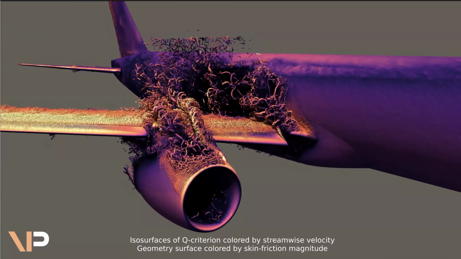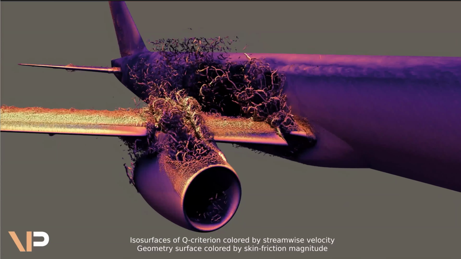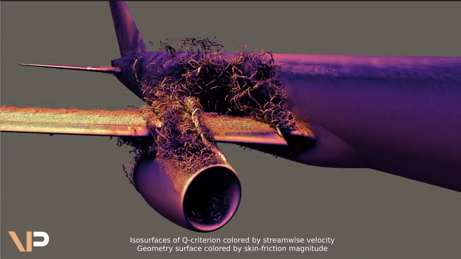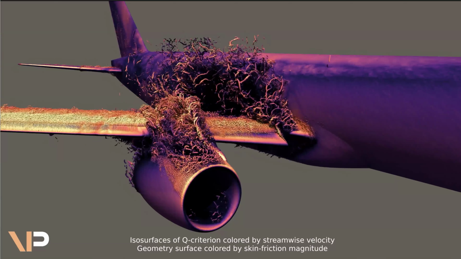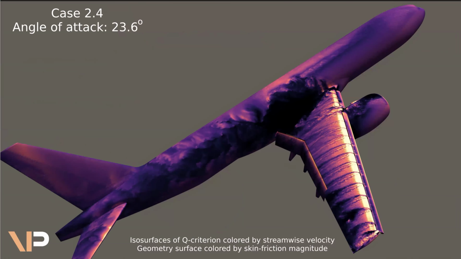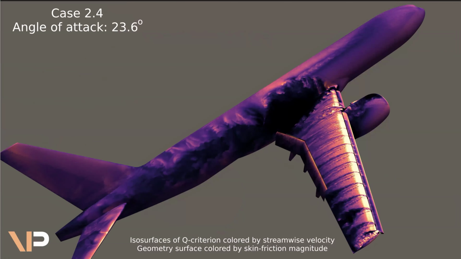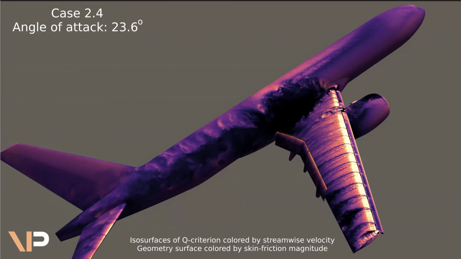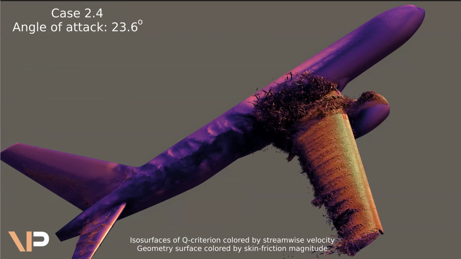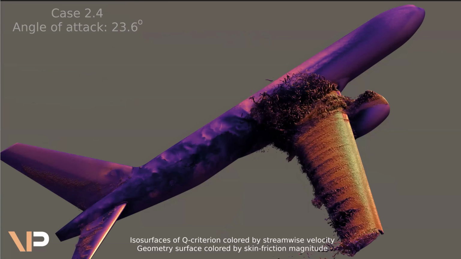Like, if you don't resolve all those details with the High-Lift Prediction Workshop, you may actually get good results in the integrated quantities because of the cancellation of errors. But if you look at Cp cuts and all those, you notice you're missing something, right?